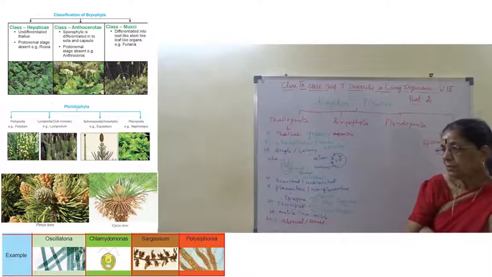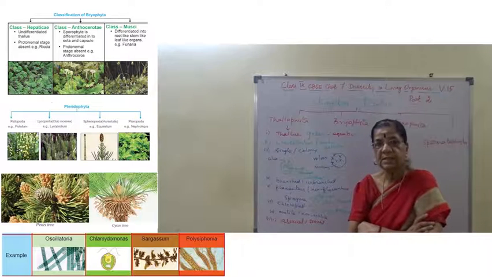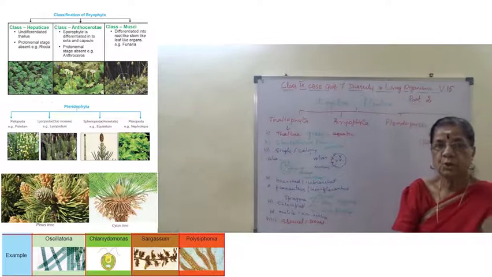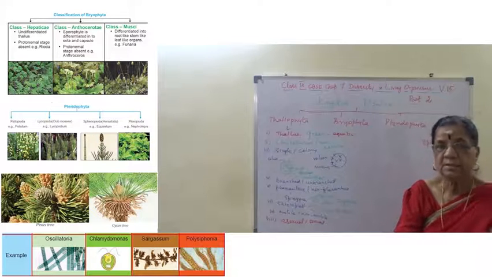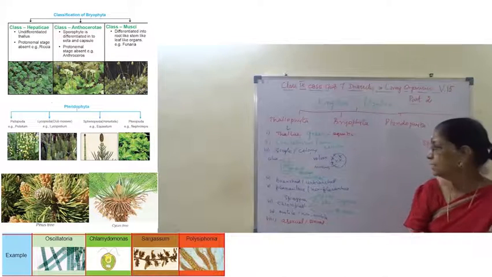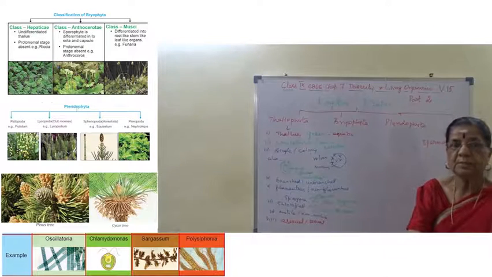Third, they occur singly or in colonies. Single, example Chlamydomonas. Colony, example Volvox.